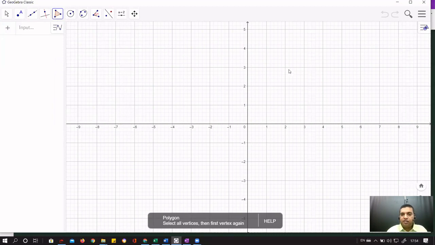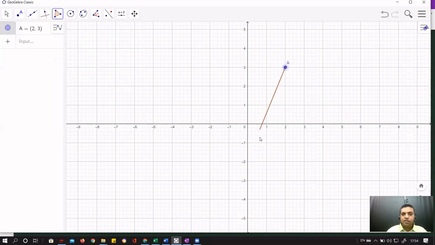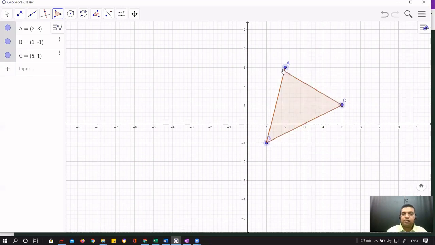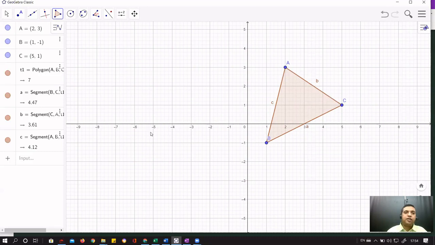I'll create a triangle. Now this is a triangle ABC. 3 points I've chosen: A is (2, 3), B is (1, -1), C is (5, 1).